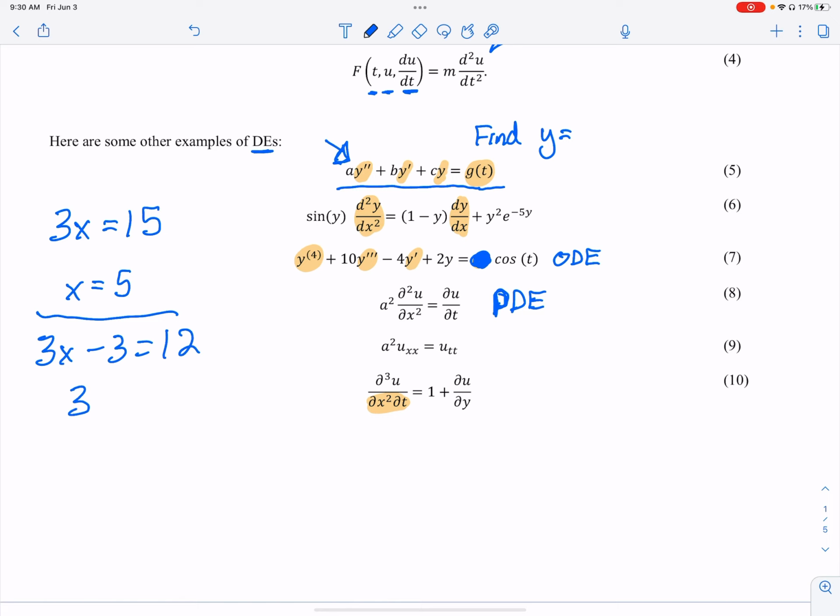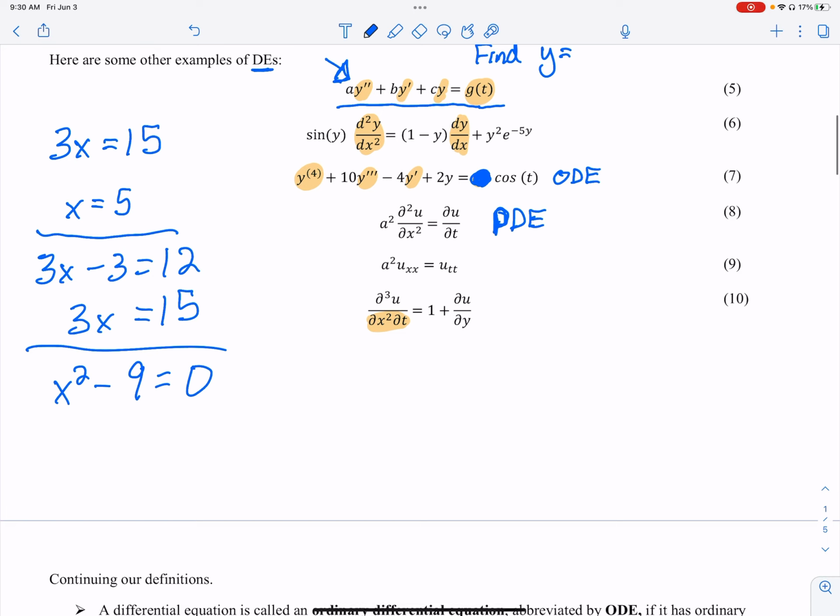And then you do 3x equals, and you add 3 and you get 15, and then you're back where you started. You have to be able to identify, though, that this is a linear equation. Just like if I got down to something like this, x squared, I don't know, minus 9 equals 0, I know this is a quadratic, and I have certain techniques that I use for a quadratic, as I have certain techniques that I use for my linear equations.